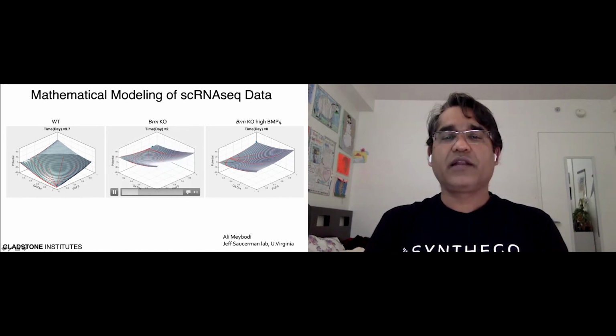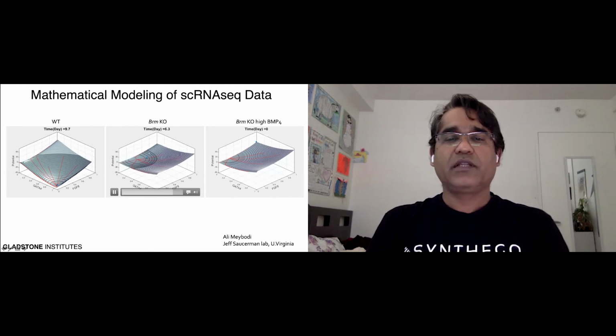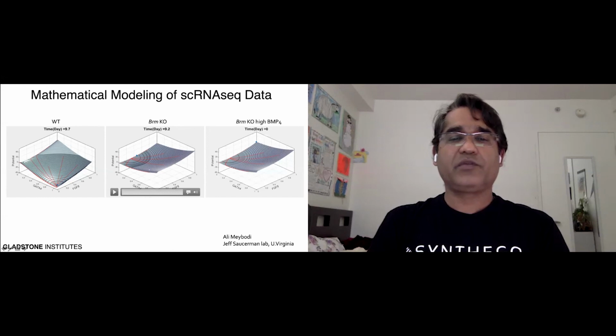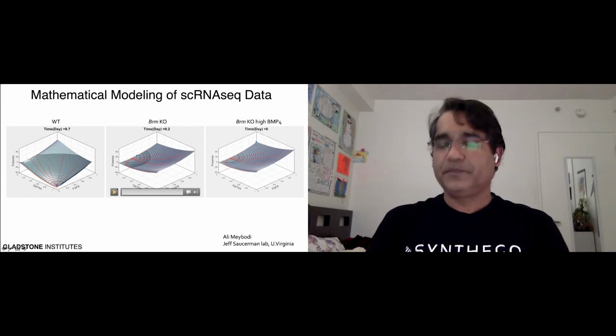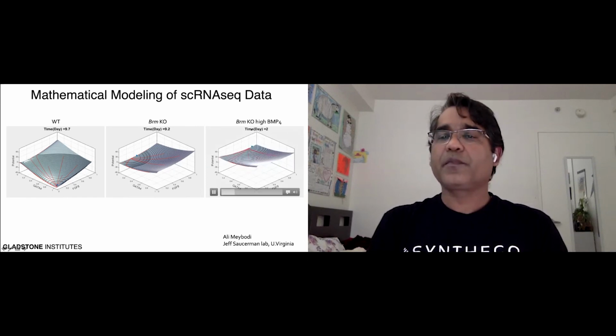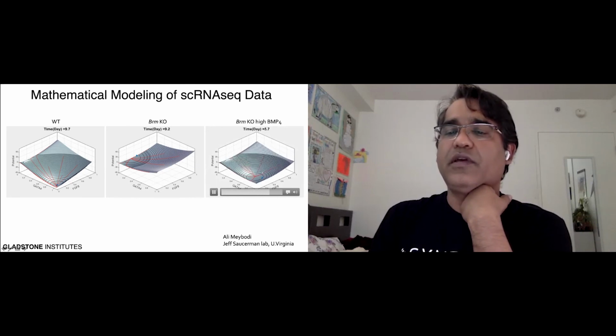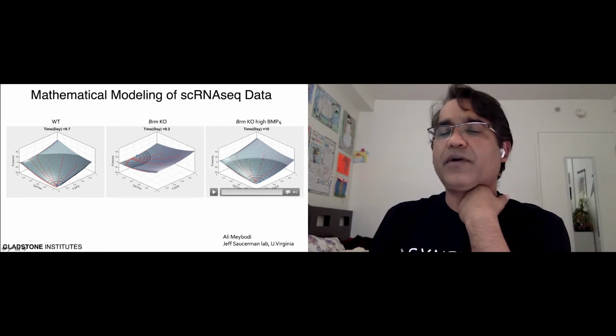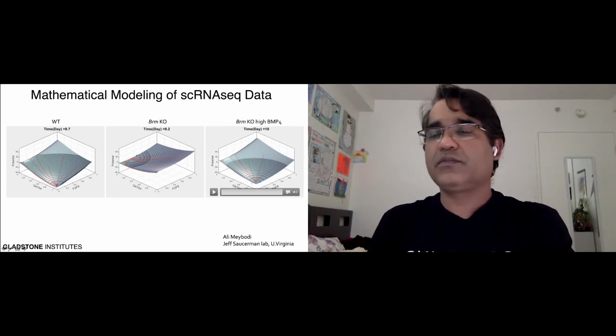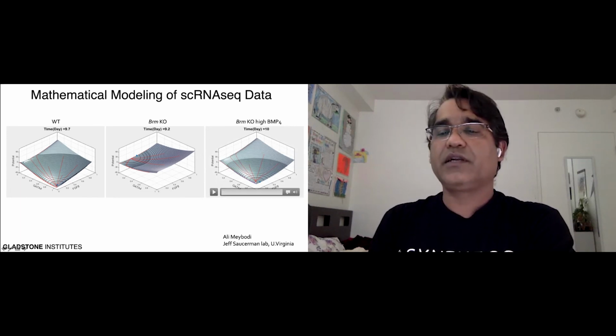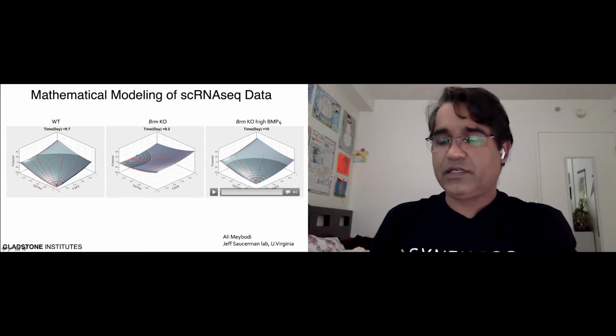KO cells, on the other hand, hover around with high FGF8 activity and low GATA4 activity. They come somewhere there and then go back and stay with a high amount of FGF8 activity and a very low amount of GATA4 activity. However, in high BMP4 conditions, the KO cells follow a near similar path to the wild type cells in forming cardiomyocytes, and go to a high GATA4 activity and a low FGF8 activity.